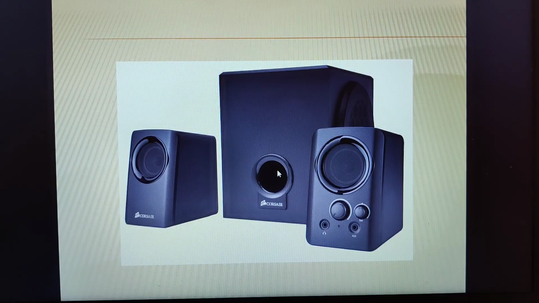This 2.1 indicates the position of the speakers and the tracking system. 2.1 means we have 2 speakers and 1 subwoofer. 5.1 indicates 5 speakers with 1 subwoofer. So what is this subwoofer and why do we need it? It is the one which reproduces low pitched audio frequency sounds.